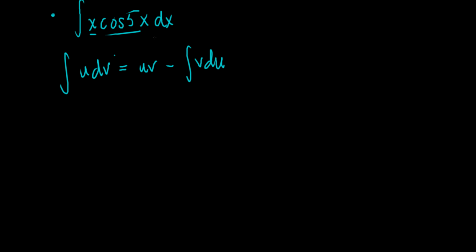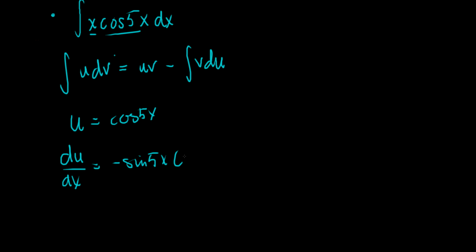So if I let cosine of 5x be u, let's just try that real quick. u equals cosine of 5x. Well, if I differentiate this with respect to x, I'm going to get du/dx is equal to negative sine of 5x, multiplied, this whole thing, by 5.